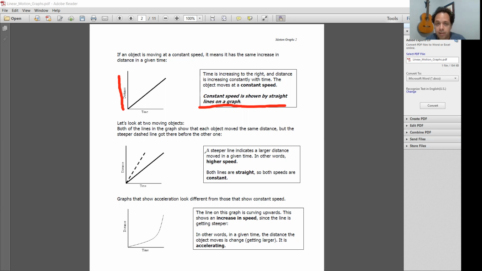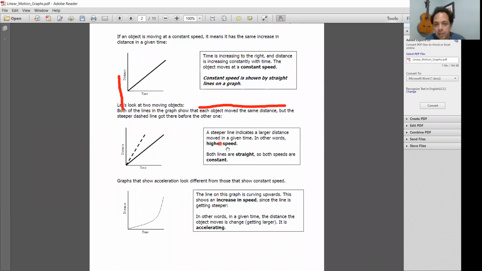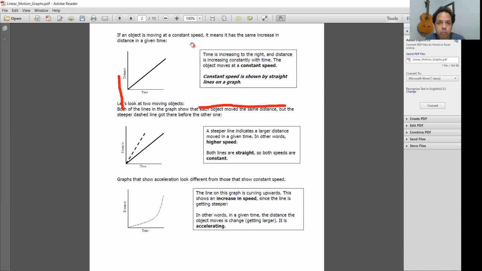Because the steeper the line is... they're both constant speeds, but since this one's steeper, it's faster, a higher speed. That's the main point there.